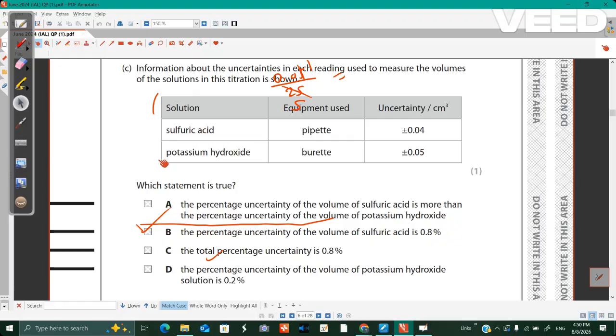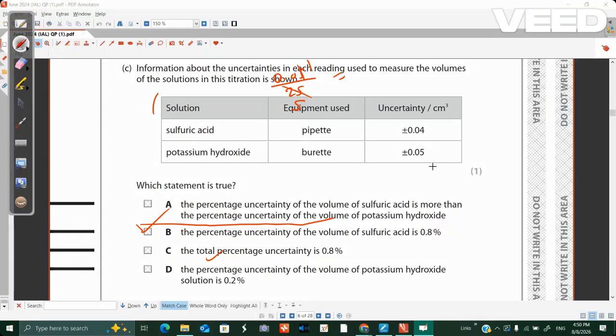Okay. Now here when we are using the burette, you are measuring the values two times, right? So when we are using the pipette, you are only measuring it once, right?